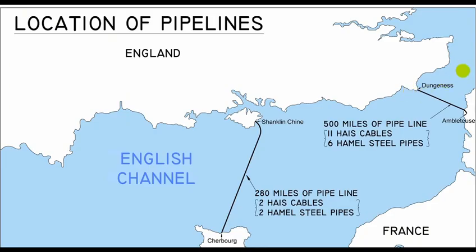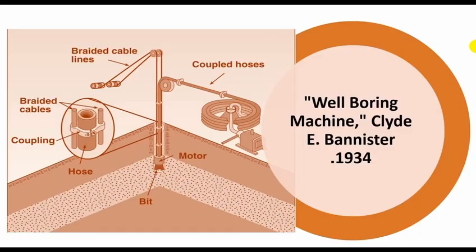So this was the first time a steel pipe was wound around a drum. This was in 1944 in World War II. Back to 1934, we can find a well boring machine paper. In this paper, they use a hose, not steel pipe, to drill wells.